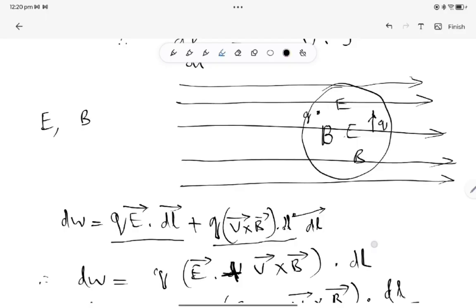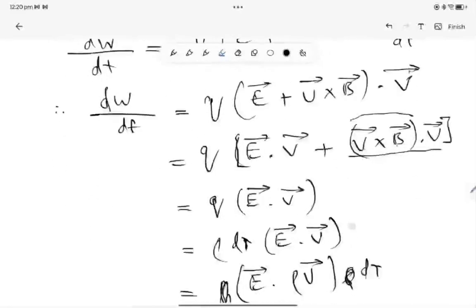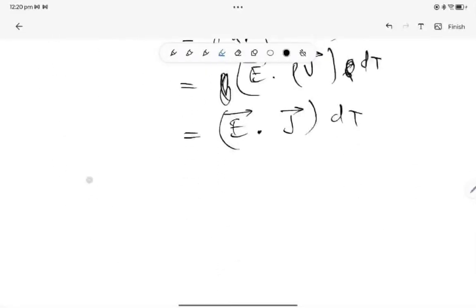Now the total power delivered is P, equal to the integral of this over the whole volume, E dot J d tau.